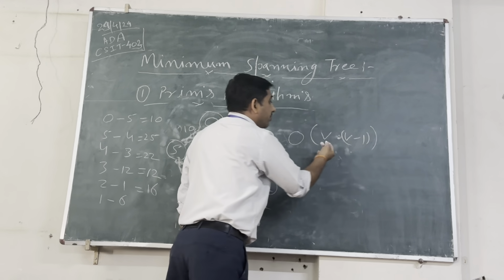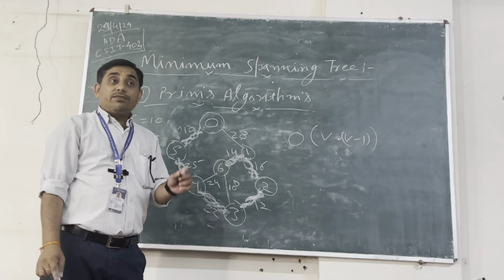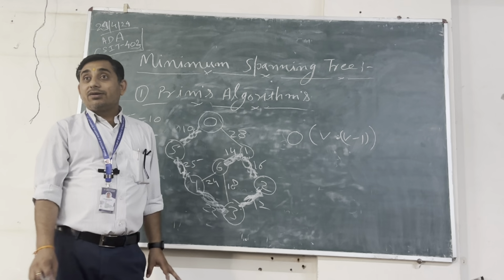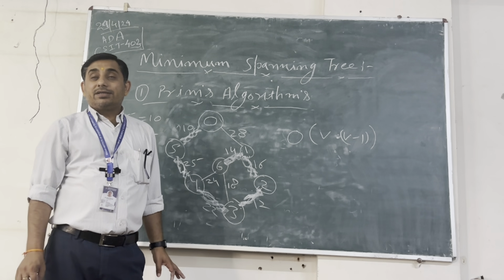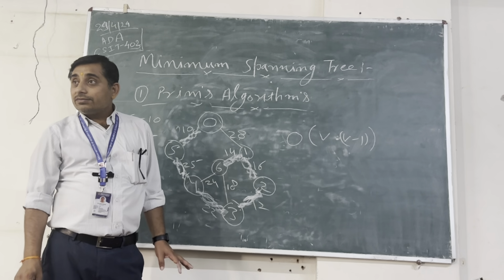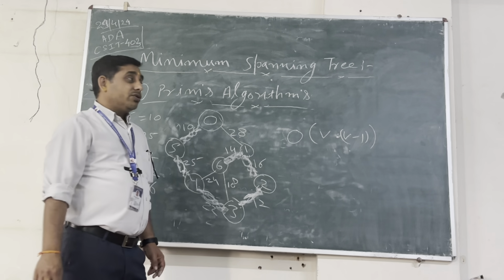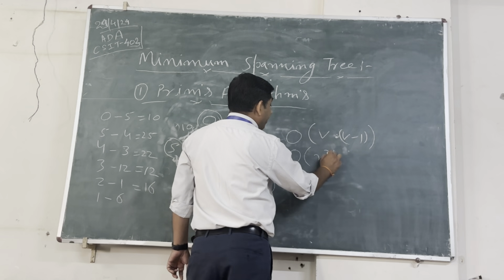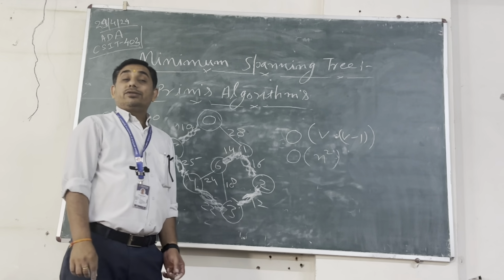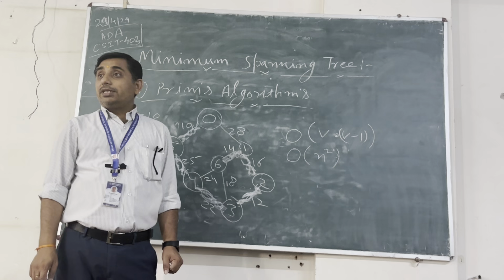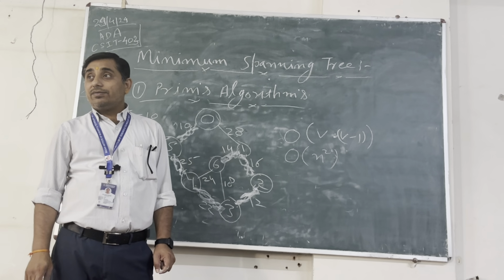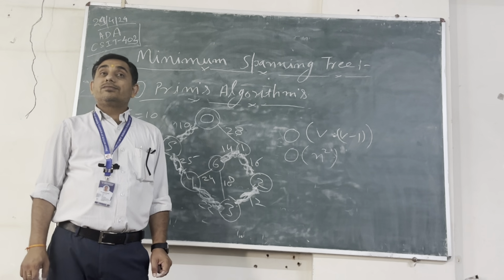Always V minus 1 edges will be required. Clear? So if we calculate it, we find the order of n square. This will be the complexity of your algorithm.